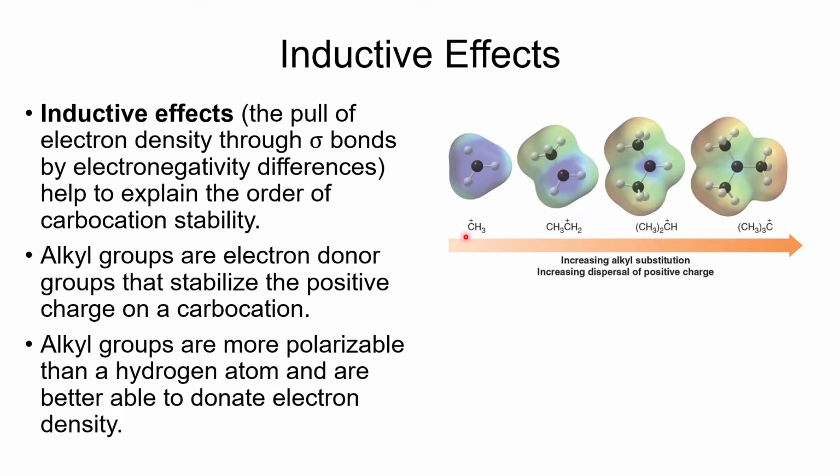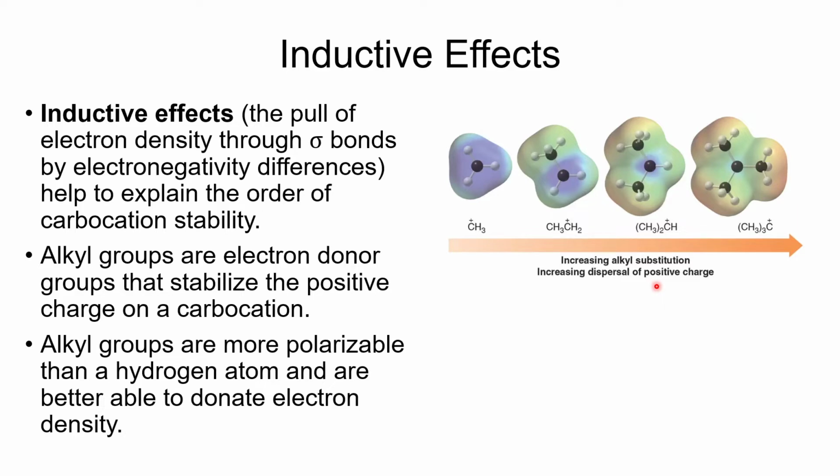You'll see if we look at the electrostatic potential maps for a methyl, primary, secondary, and tertiary carbocation, that as we add more alkyl groups, it helps to stabilize that positive charge and make it so that the positive charge is essentially more spread out. It disperses that positive charge. And to the extent that you disperse the positive charge, you stabilize it.